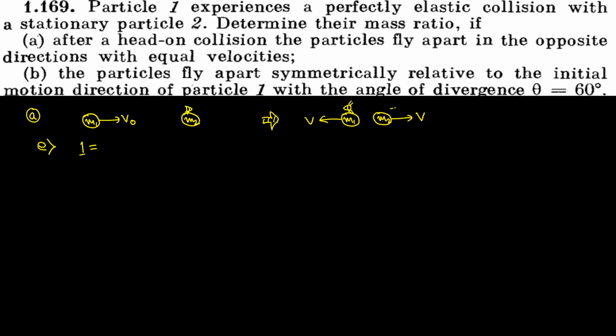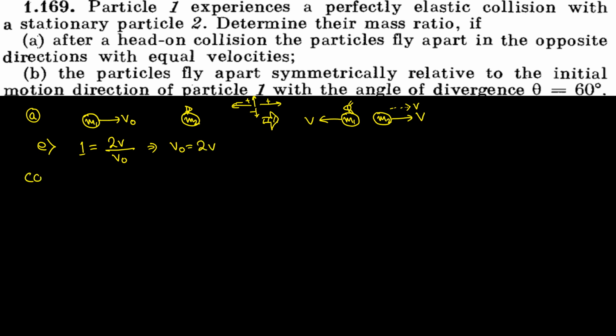Velocity of m2 as seen by observer m1 is 2v towards right. Right is positive, left is negative, upward is positive, downward is negative, doesn't make a difference. Divided by the velocity of m1 as seen by m2, which is nothing but v naught. So from this equation we get v naught equals 2v.